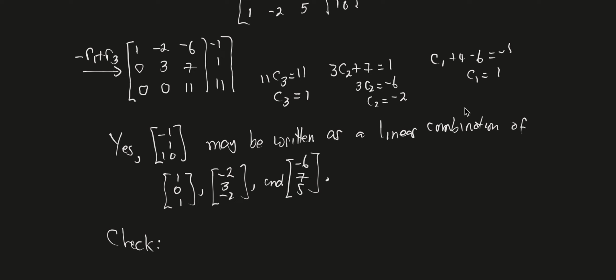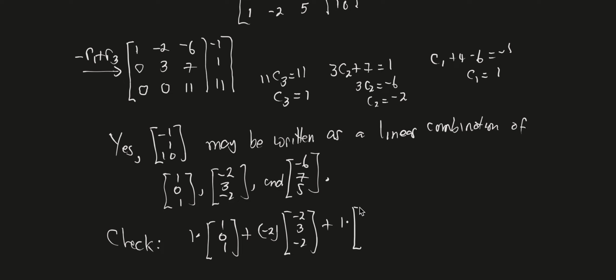If I take C1 and multiply the first column, so if I take 1 times 1, 0, 1, and then add to that C2 times the second column, so negative 2 times negative 2, 3, negative 2, and then plus the third constant C3 times my third column, so 1 times, where are we? Negative 6, 7, and 5. Well, we would expect to get the negative 1, here it is, negative 1, 1, 10.